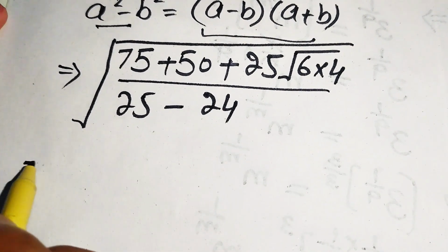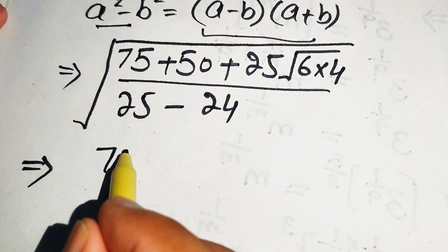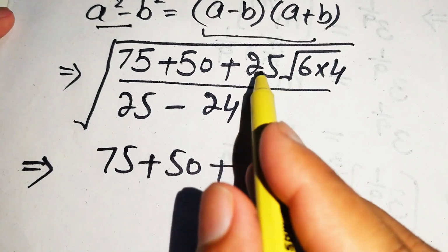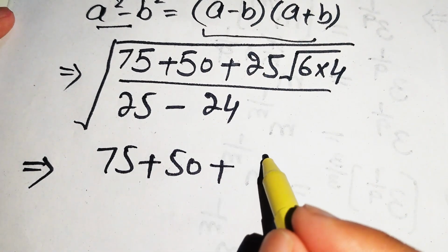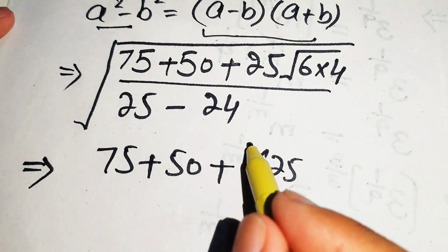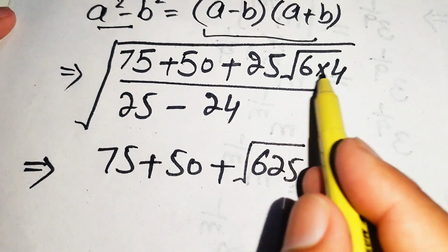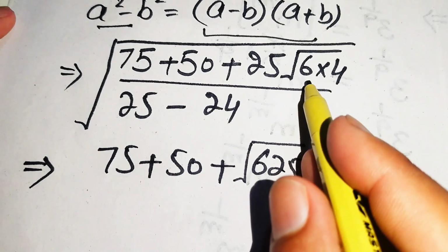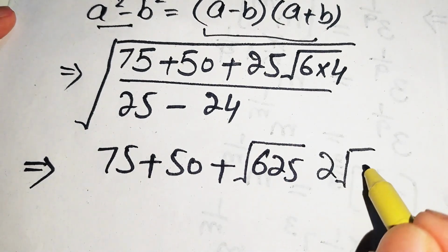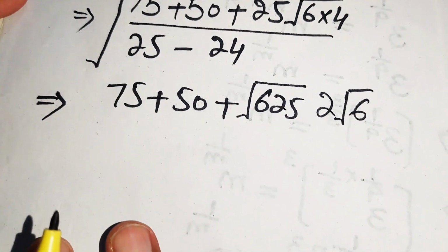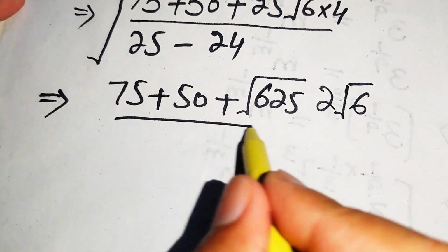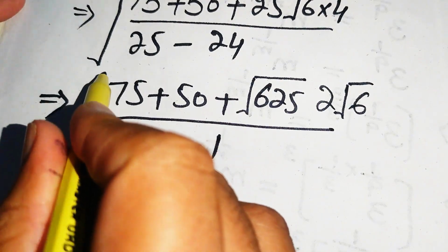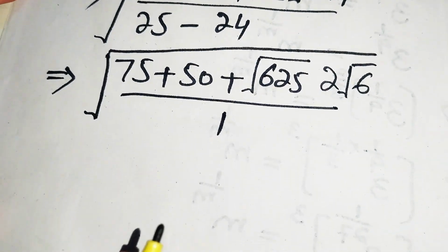After that we rewrite this equation as 75 plus 50 plus 25 times the square root of 6 times 4, and we know that the square root of 4 equals 2, so it's 2 into the square root of 6. And in the denominator we have 25 minus 4, which becomes 1.